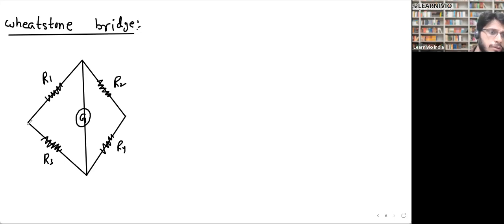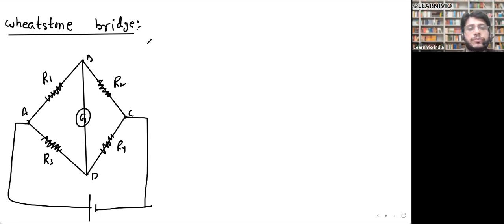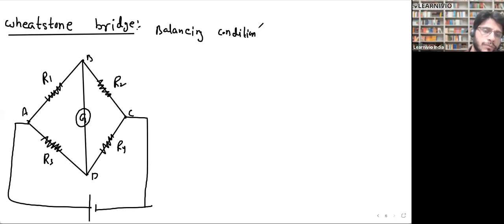This is R4. This is known as Wheatstone bridge. No resistor in series, no resistor in parallel. This is point A, this is point B, this is C, and this is D. That's Wheatstone bridge. Do you remember what is the balancing condition of a Wheatstone bridge? Yes, sir. R1, R2 and R3, R4 ratio should be same.